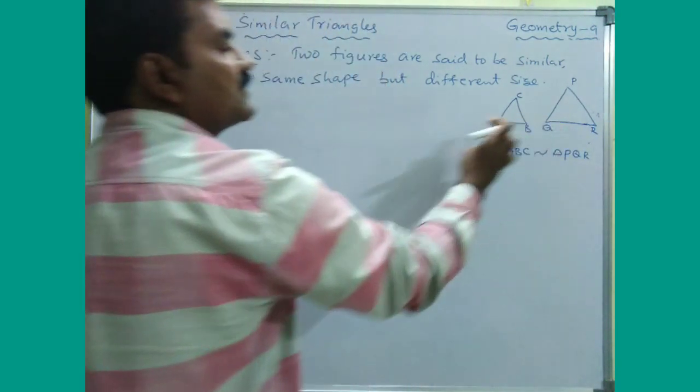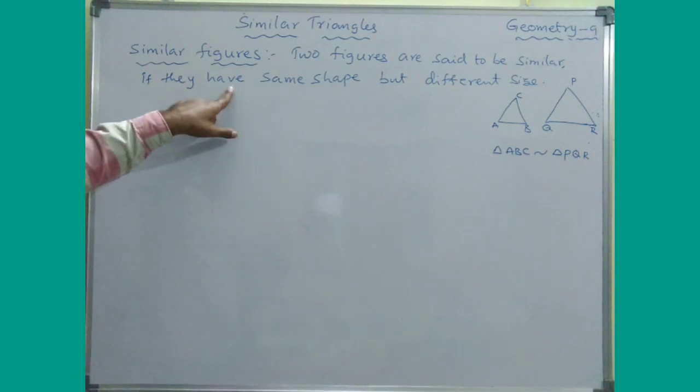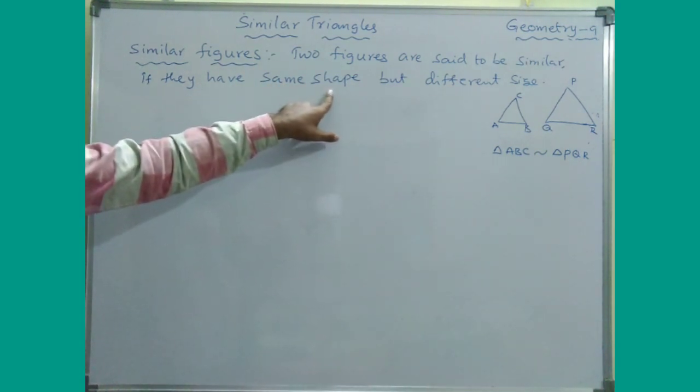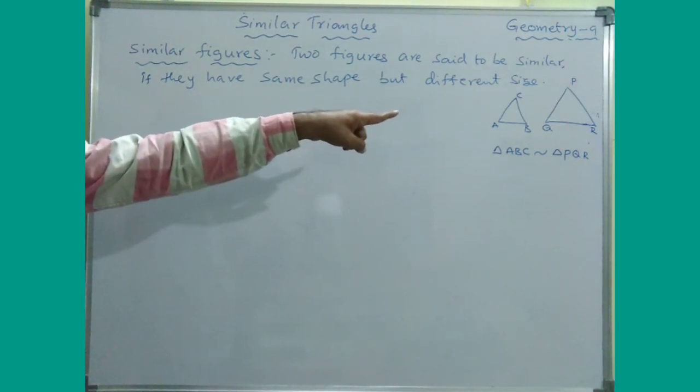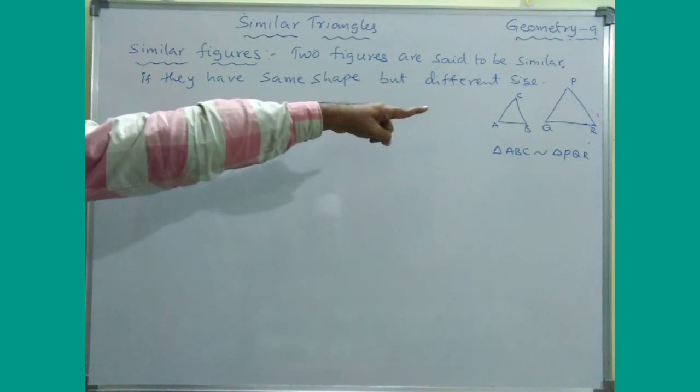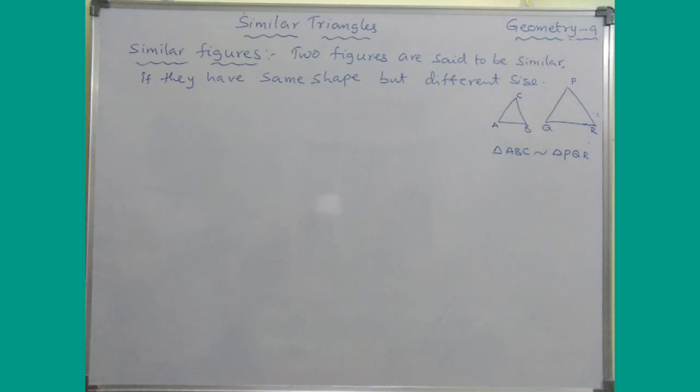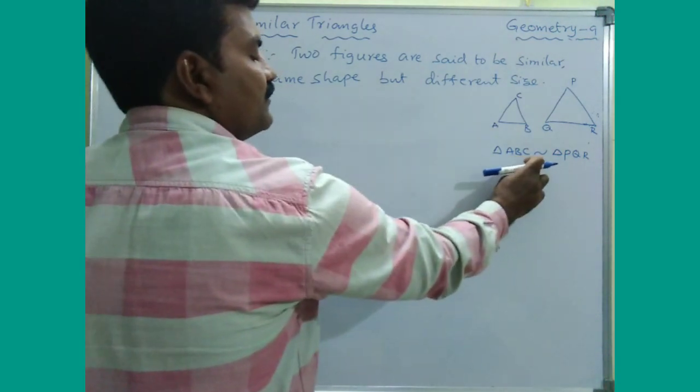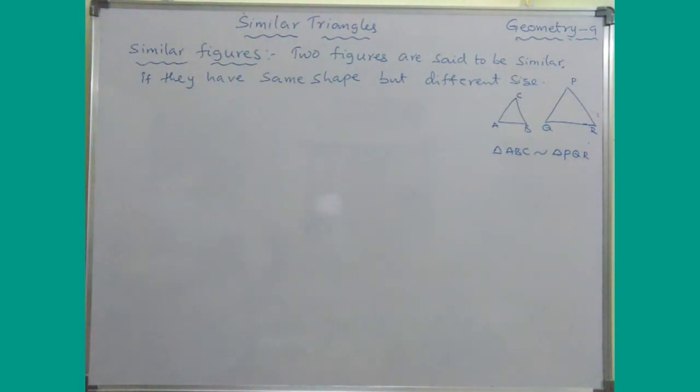Why? Because both are having the same shape, isn't it? Triangle shape, but not the same size. They are different size. Okay. Hence here these two triangles are similar triangles, and this is the symbol we use to represent similar.